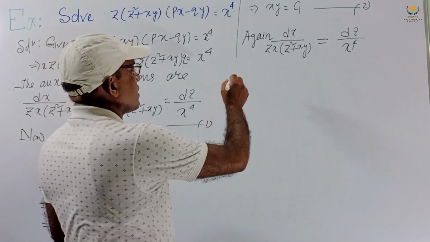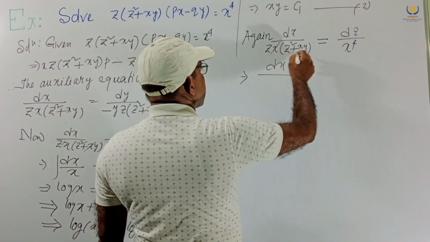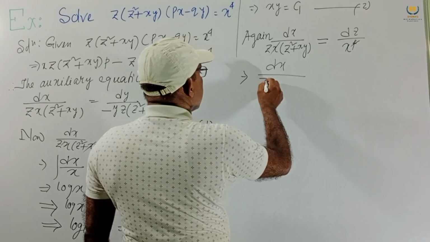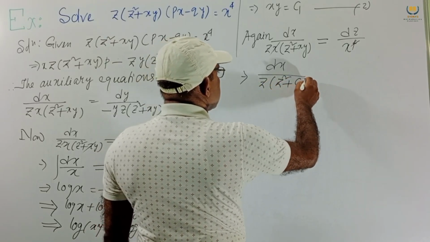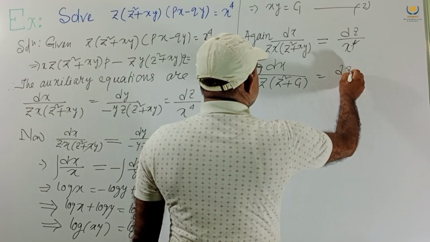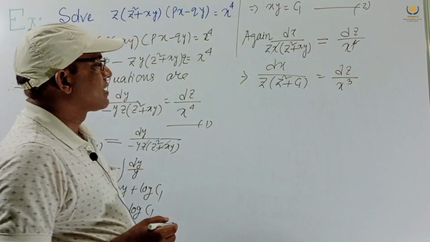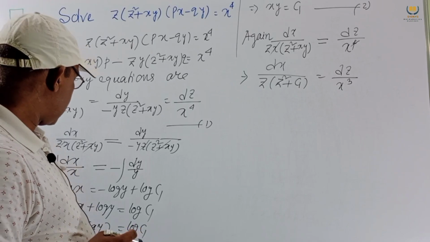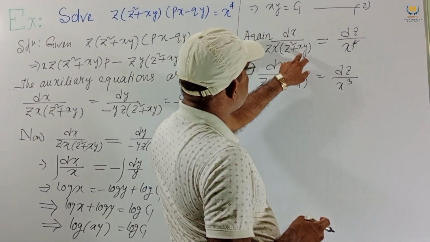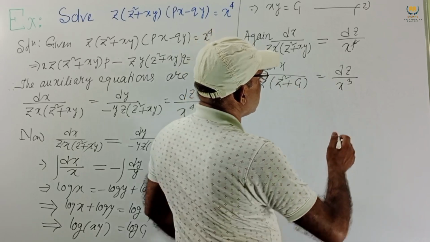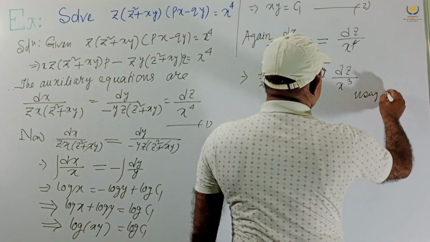Now dx by 1x is cancelled. We get z square plus c1 dz by x cube. We get 1x cancel, x cube, and xy means c1. So we put c1 in place of xy, using 1.